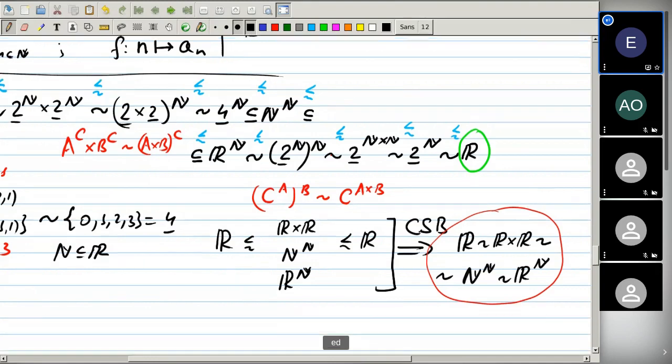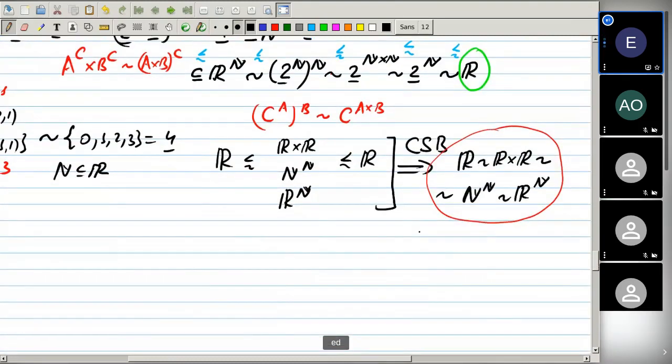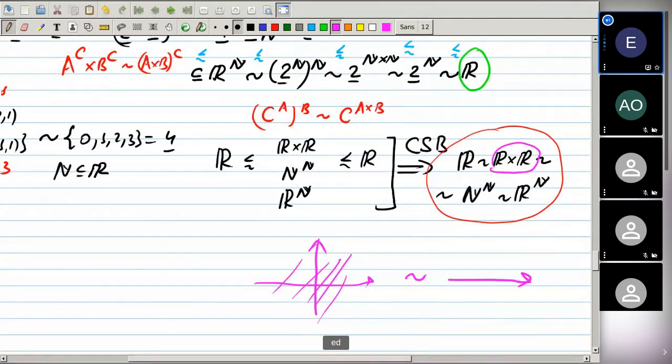So, let's look at some informal interpretations. How many points on the plane do you have? How many plane points do you have? Infinity. The same?